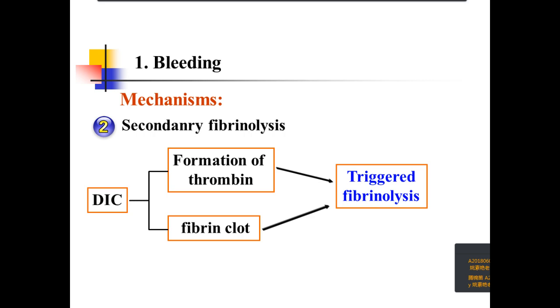So next the fibrinolytic system is activated, plasmin increases, coagulation function decreases, so hyperbleeding. Now in the second pathogenesis, hyperbleeding.